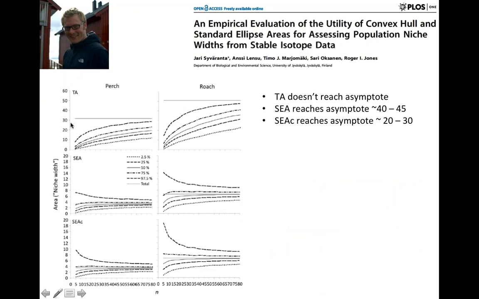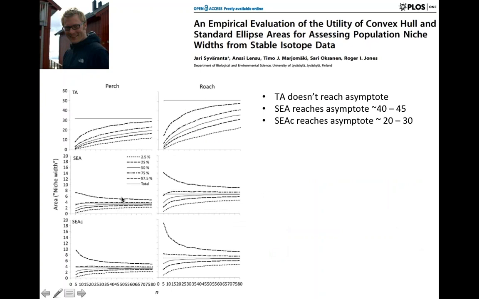So what we see here is area on the y-axis, so niche width. So that's either TA, the total area in the hull, SEA, the standard ellipse area, or SEAC, the small sample size corrected standard ellipse area. So we've got perch here, roach there, and the different lines represent different confidence limits.